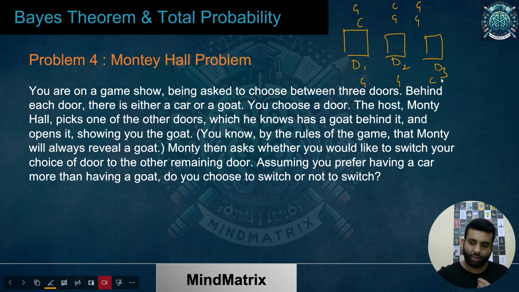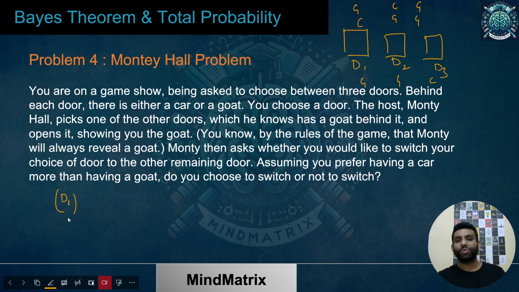Now you are playing this kind of game where a host asks you to guess which door has a car behind it. Suppose you made a guess and chose D1. Now, as you have chosen door D1, what does the host do?